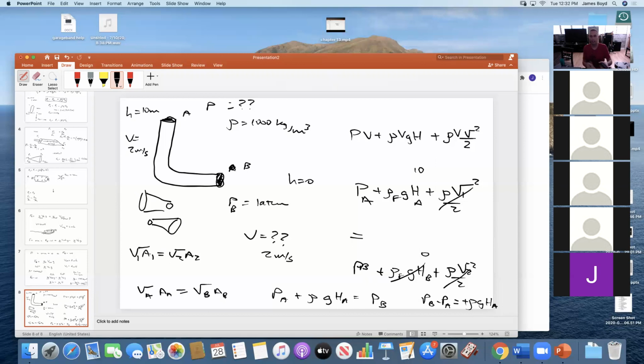That's 1,000 times 100. So the change is 100,000 or 1 atmosphere. This whole thing ends up being 100,000 pascals. And so the difference between PB minus PA is 1 atmosphere.